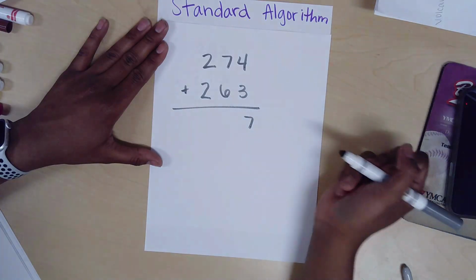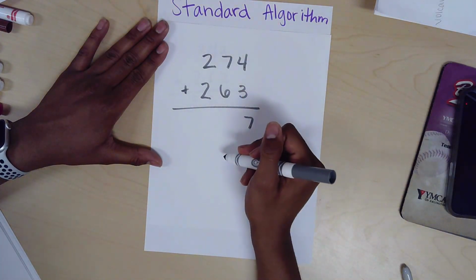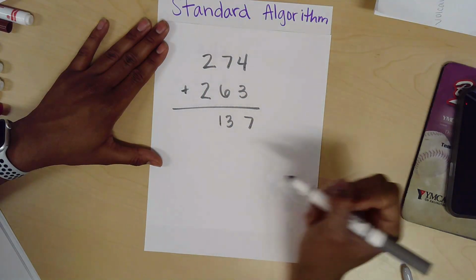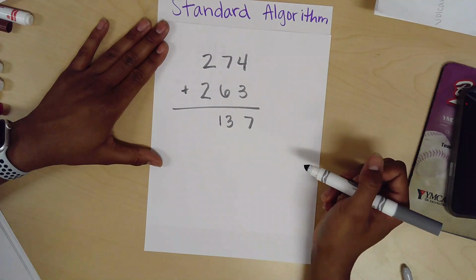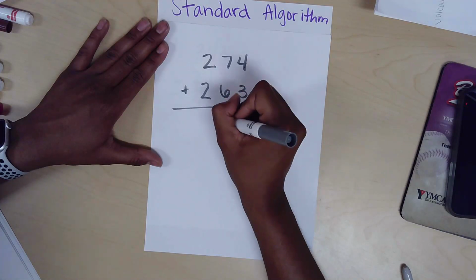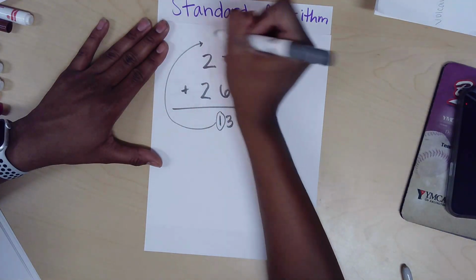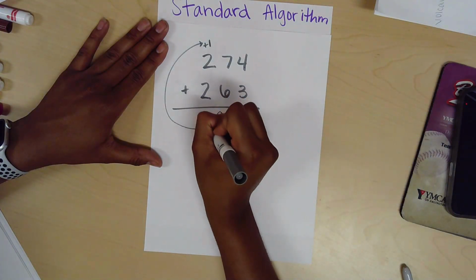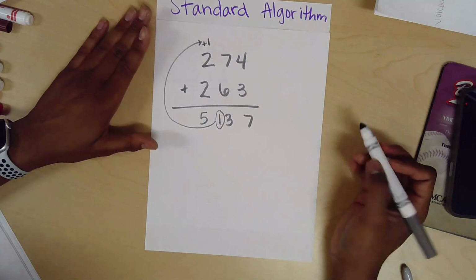But yeah, we know that's 7, but when we get down here they want to write 13, and then they want to come over here and just write 4. But we need to get them to understand why we're going to take that 1 and bring it all the way up here, and then get 5 to get 537.